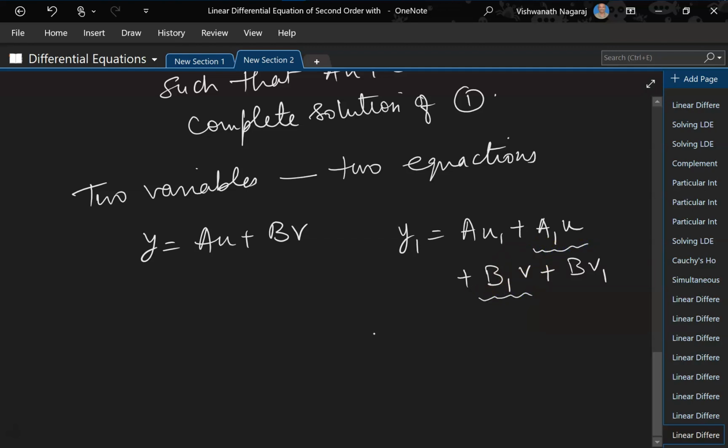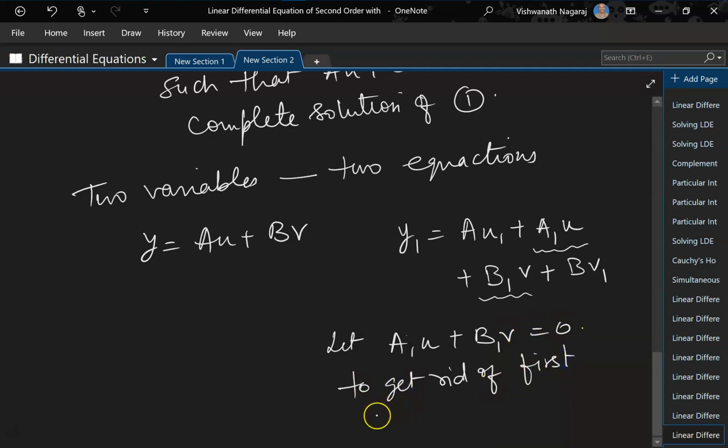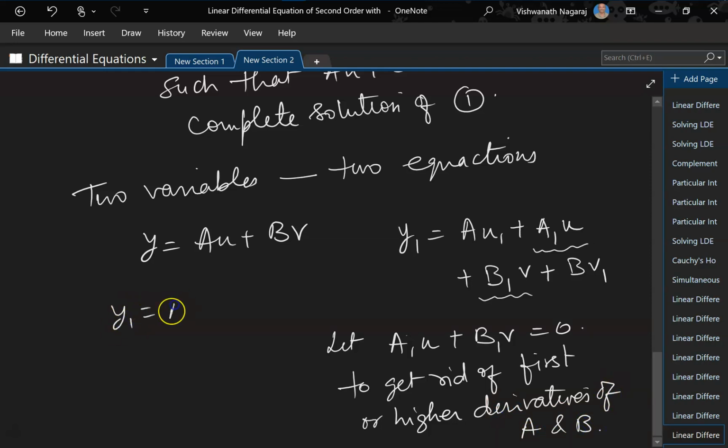So what we'll do is we'll say let a1u plus b1v equal to 0 to get rid of first or higher derivatives of a and b, right? Then y1 is equal to a u1 plus b v1.